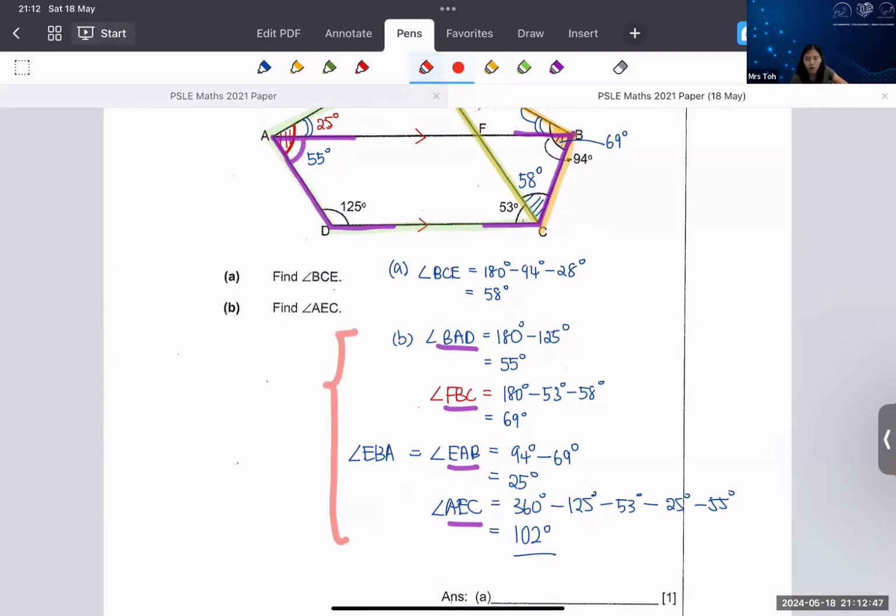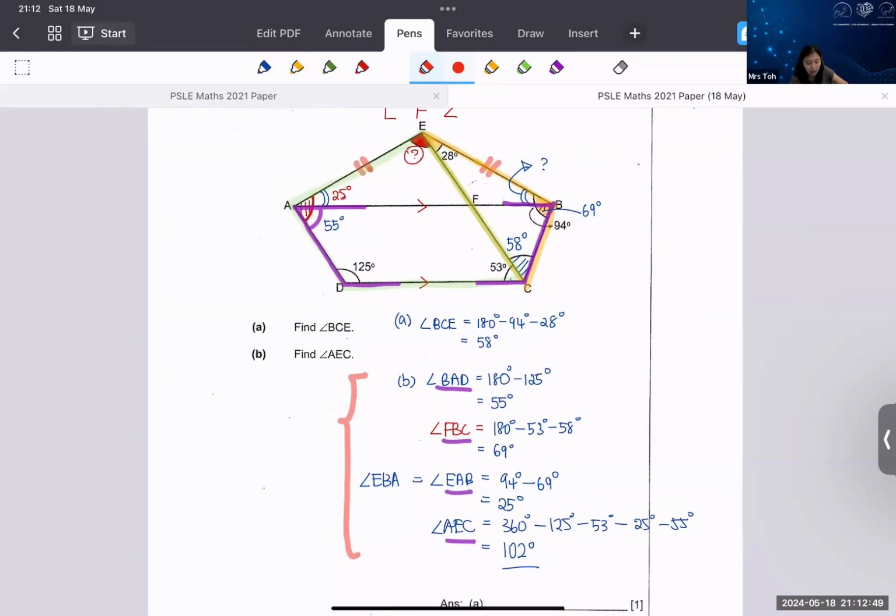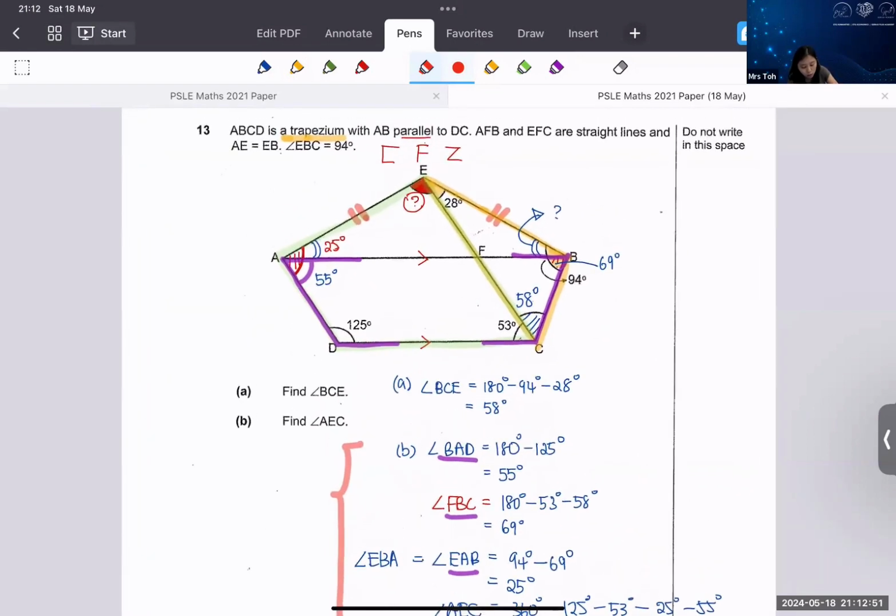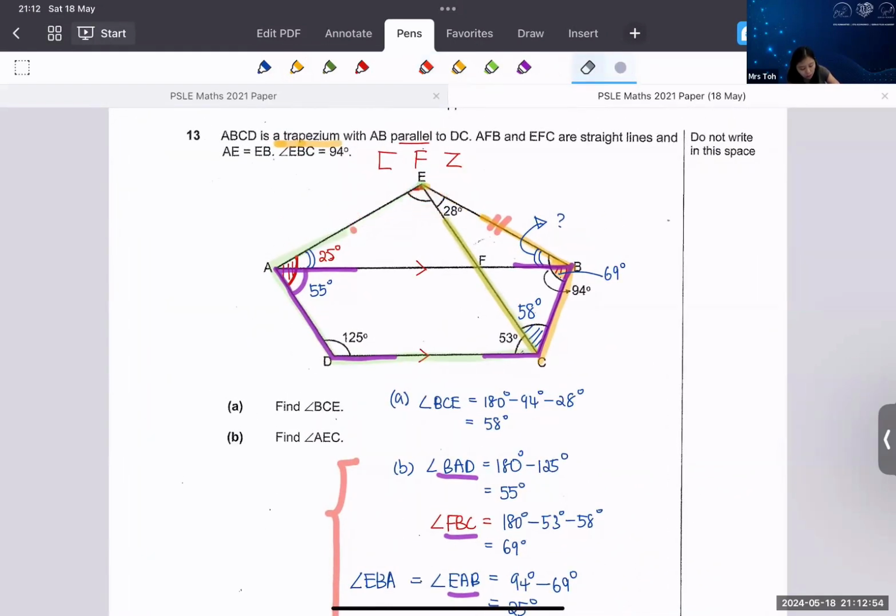So let me share with you how you can get it in 3 steps. I won't work out the steps, but I'll just tell you what is the first thing that you can find. Step number 1, you can find out your angle FBC, which is here.